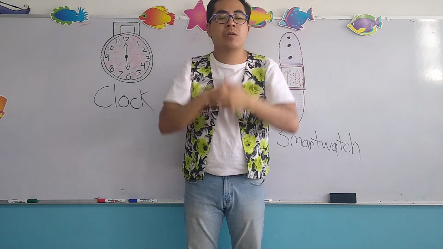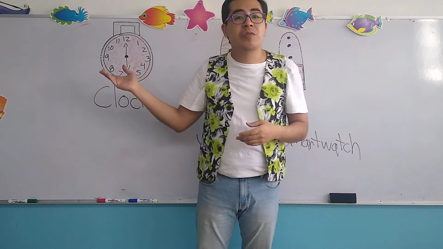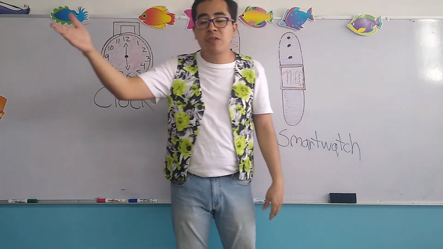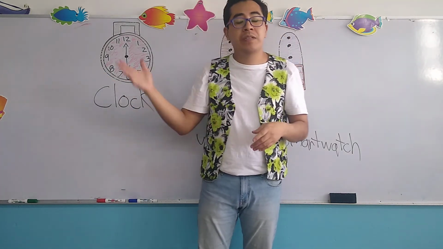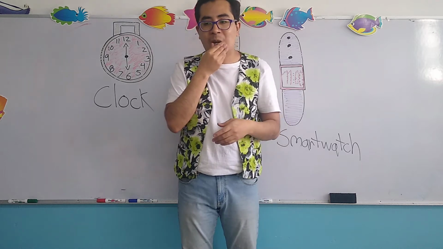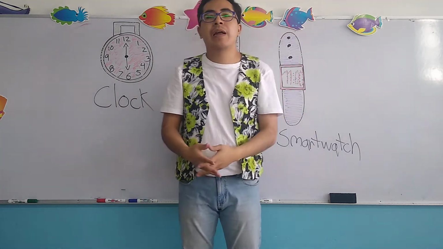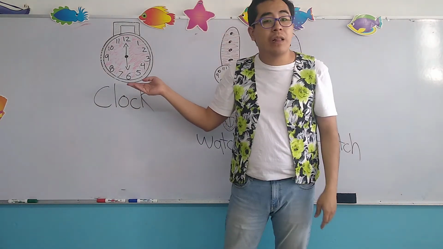Para que todos los que estamos en casita lo podamos ver. This type of clock once again goes on a wall, and we can find it in bedrooms, in the kitchen, or in the living room. Este tipo de relojes los podemos encontrar en una recámara, en un cuarto, en la cocina o en la sala. Okay, very good. So we have the clock.